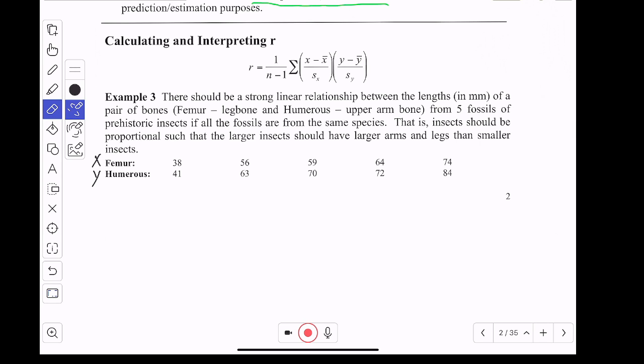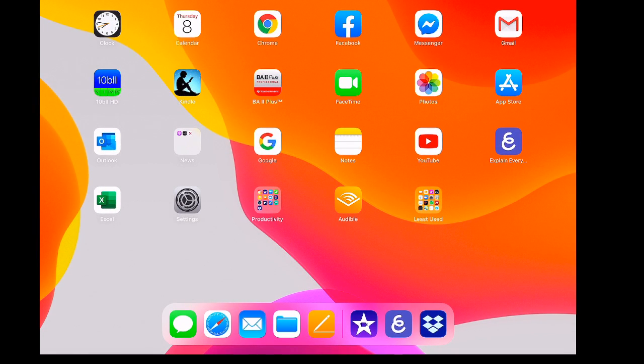So let's see, I'm going to pull up the calculator. Just got to get the numbers. Okay, the calculator.